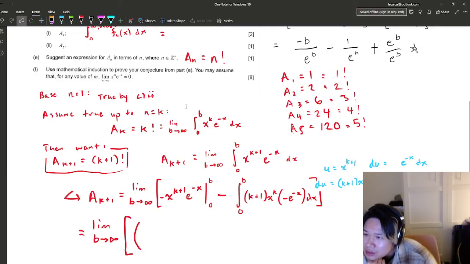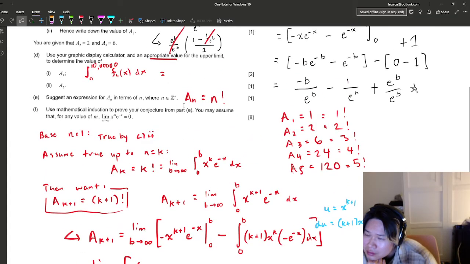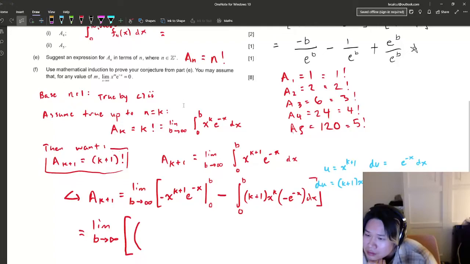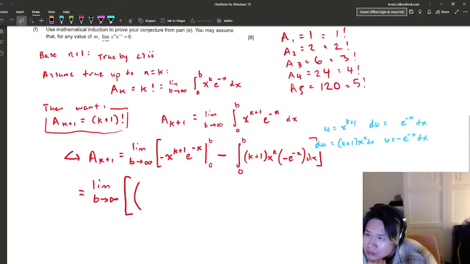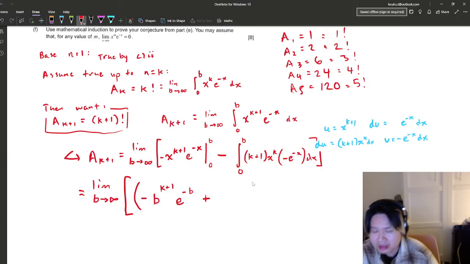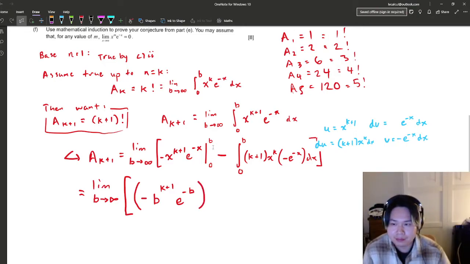I thought this was m to infinity. Oh, but b will be x. Okay, okay, okay. And then plug in 0. Okay, that'll be zeroed out. Wait, plug in b, I'll get this.